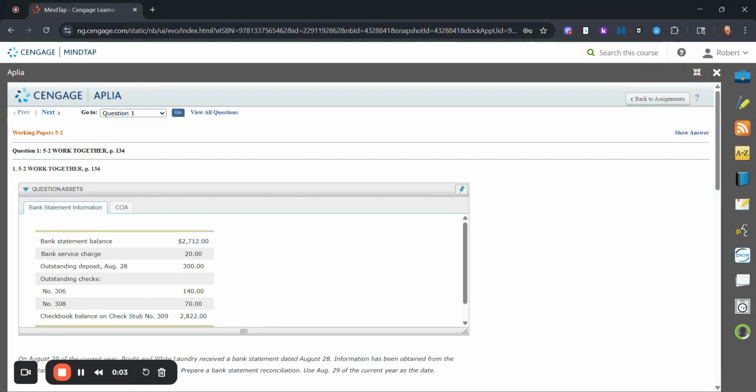Okay, so here we have the 5-2 work together for the Century 21 Accounting 11th edition multi-column journal.